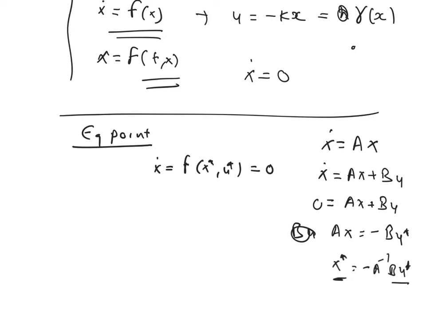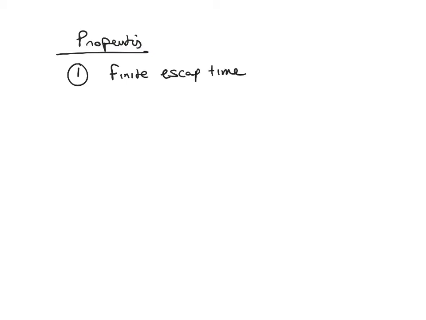Some of the interesting properties of nonlinear systems that I want to write down: these things will make more sense later in the course. First, finite escape time: it can go to infinity in just finite time.